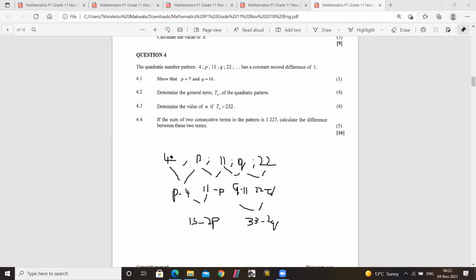So that's how you do that type of question. Before I erase here, what do we have for P? For P, we have 7, and for Q, we have 16. So let's just write them down: P is 7 and Q is 16. And let's remove these differences here.